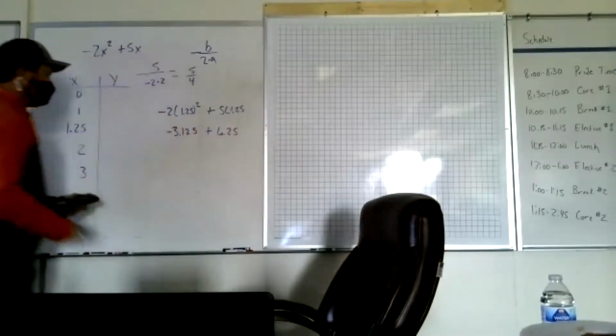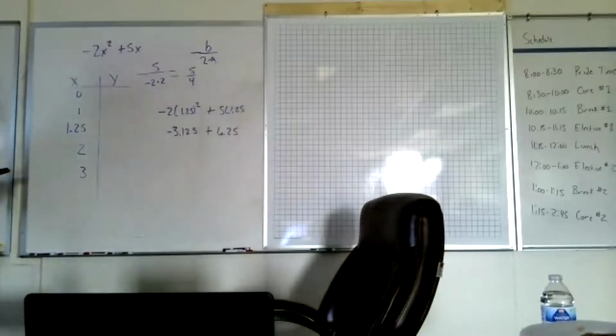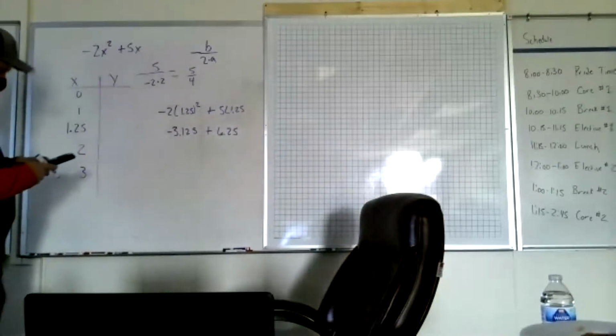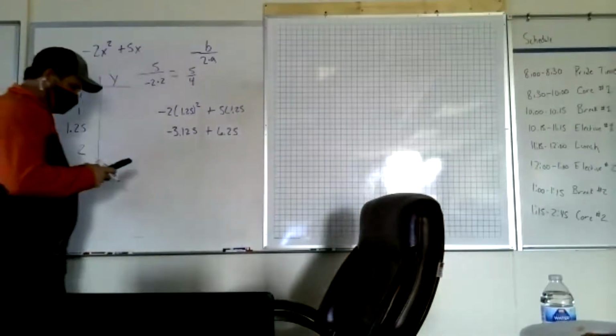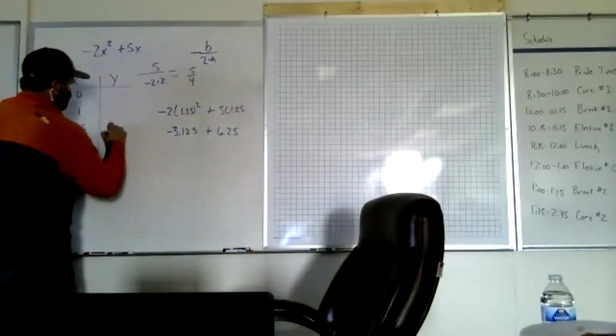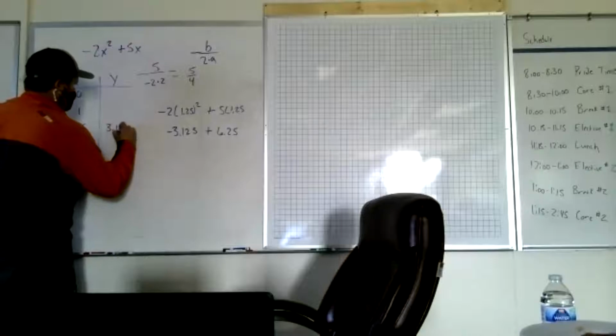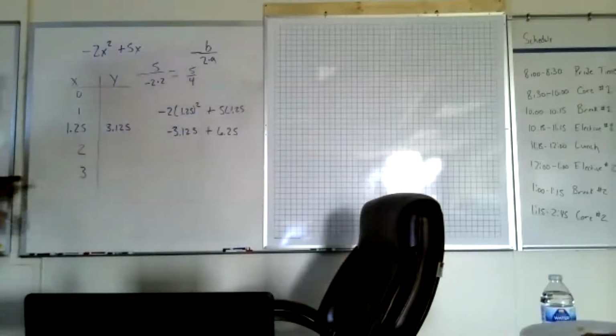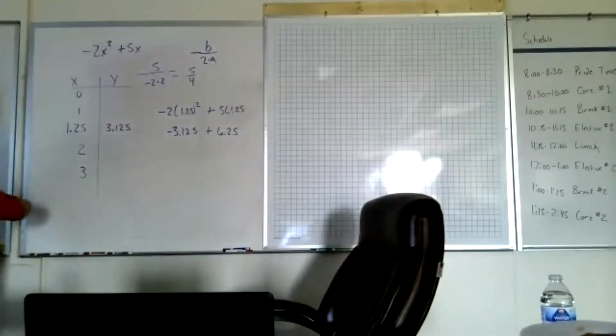That's negative 3.125 minus 6.25. So that right there's my vertex. Okay, easy points to plug in are 0.